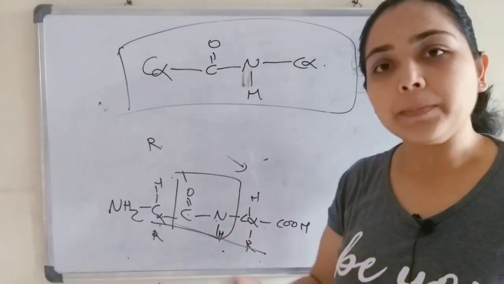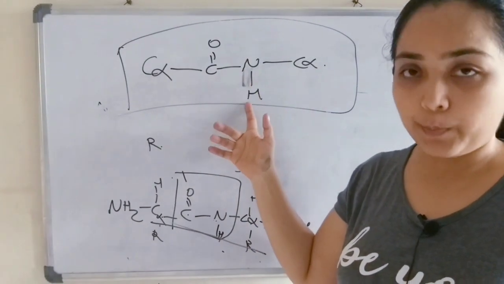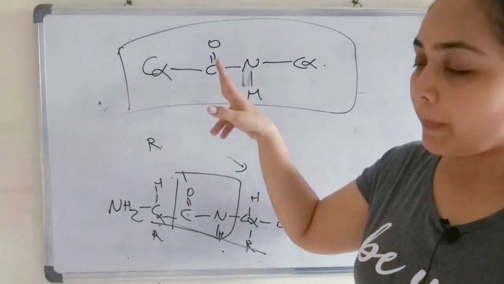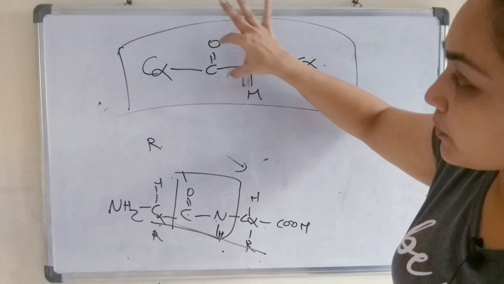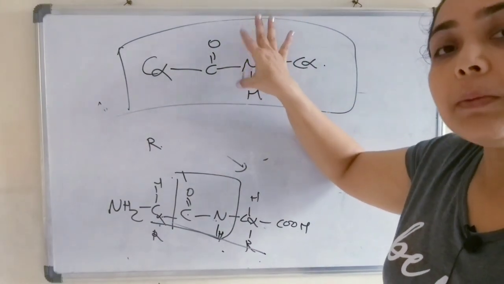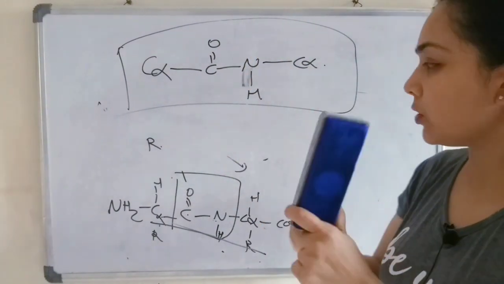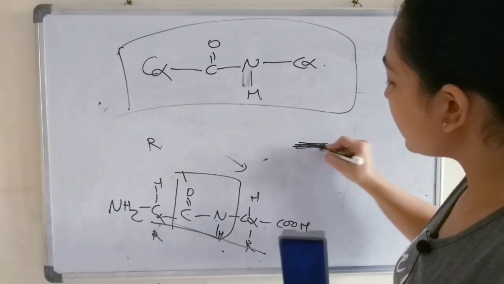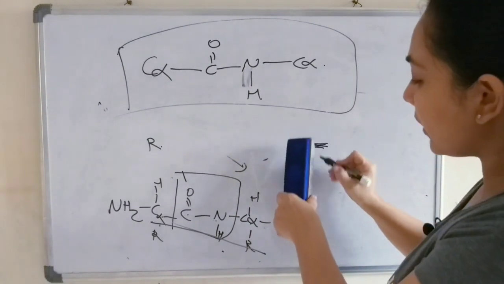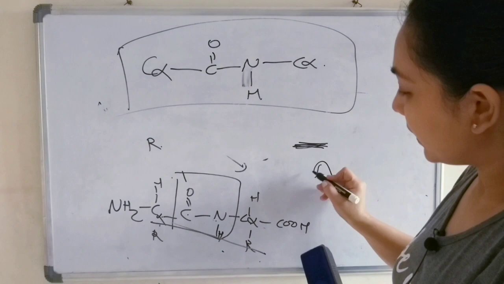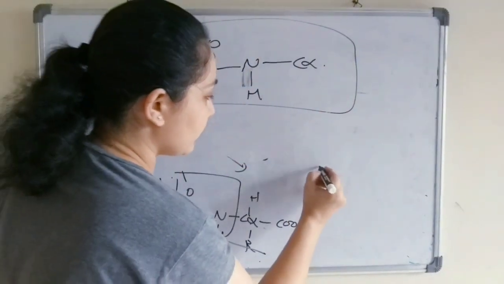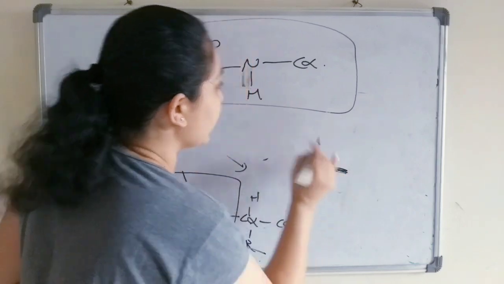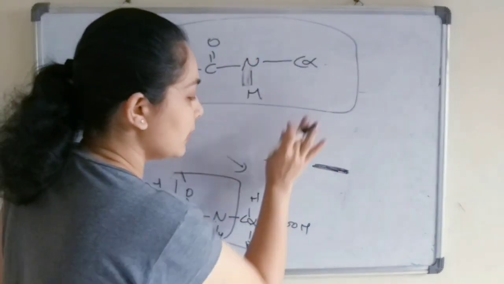Okay, there are some characteristics that peptide bond is planar, it has a partial double bond character. Because of the partial double bond character, this bond becomes rigid. Rigid means there will not be free rotation. Suppose this is something very rigid, so you cannot bend it like this. For example, we are having 3 bonds here, 1, 2 and 3.